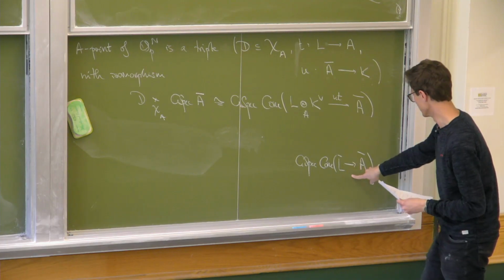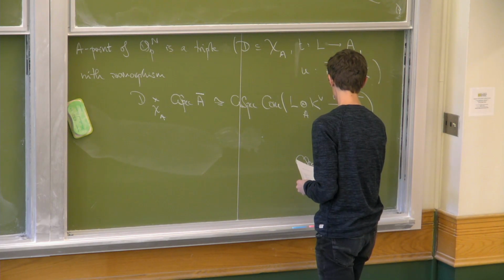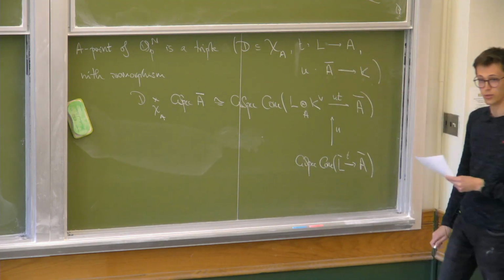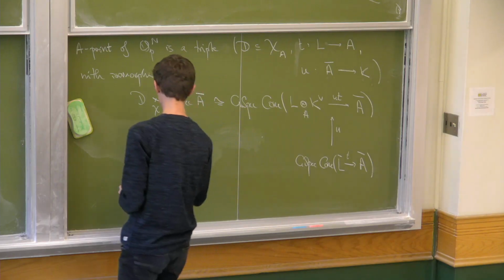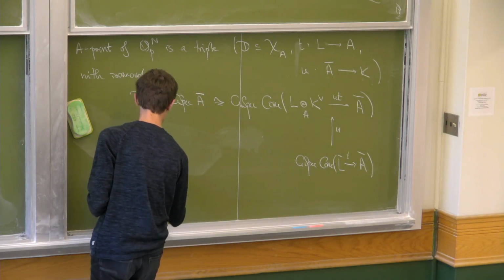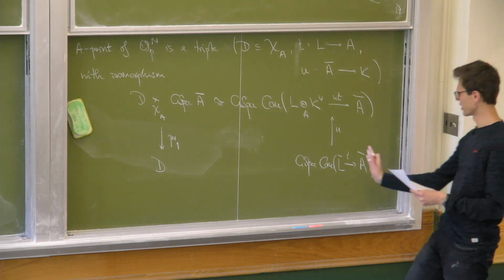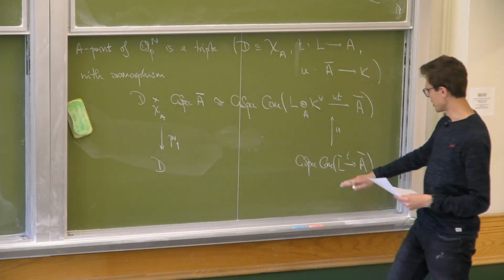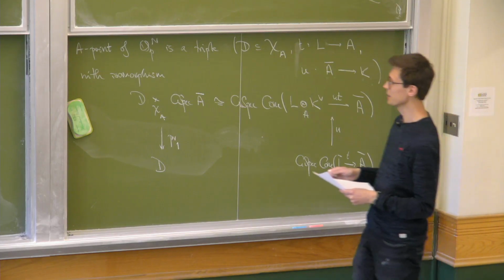The spec of this cone from L bar to A bar maps to this right hand side via U. And then this left hand side, of course, maps to D via the first projection. So now I can go like this, and I have a map from here to here. Okay.